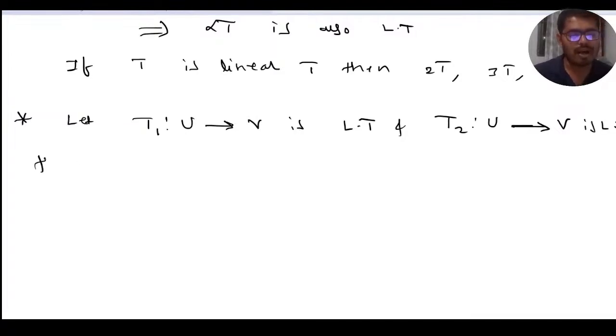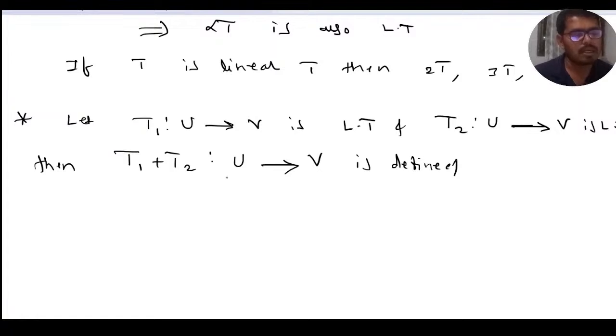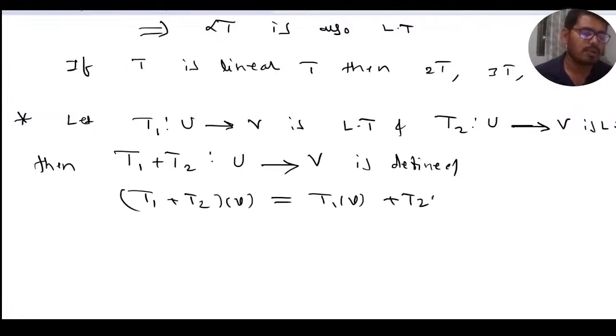Then the sum T1 plus T2 is always a transformation, and it is defined by T1 plus T2 of v is equal to T1 of v plus T2 of v.